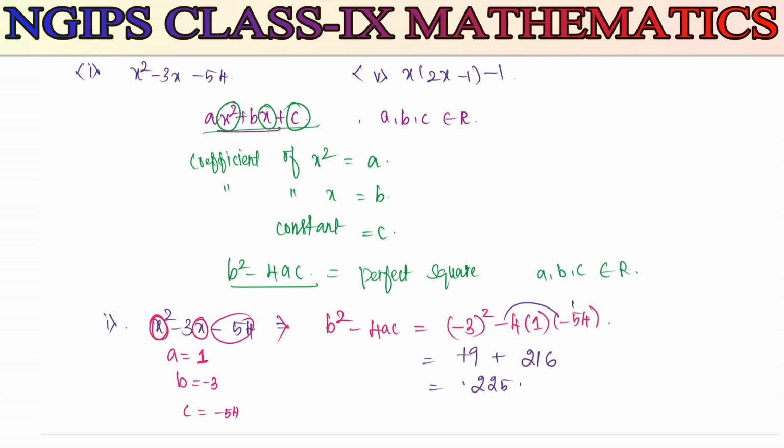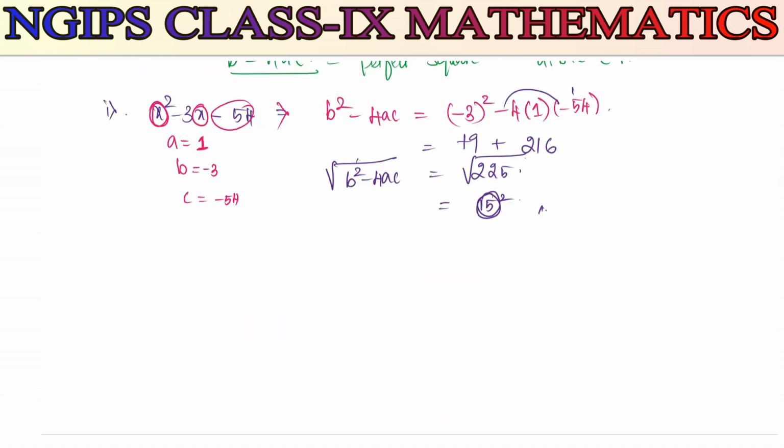So 225 is a square number. Yes, it is a perfect square, because 15 square is 225. Therefore, when b square minus 4ac gives a complete square value, we can say it is factorizable. Now we'll move to the next one.